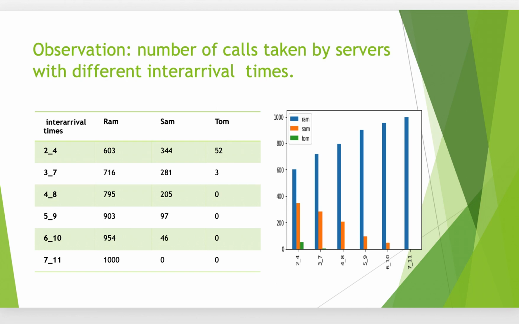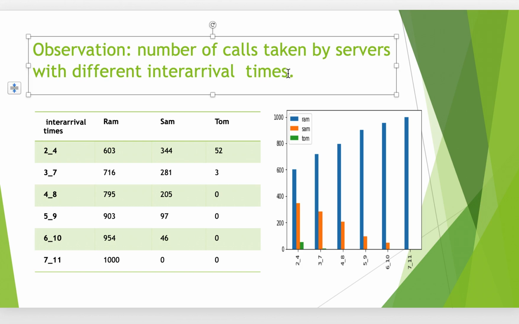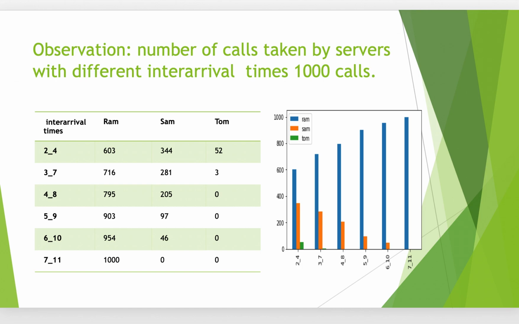Now let's go to another observation. You can see here the number of calls taken for 1000 calls with different interval times. The observation we found is that if you compare an interval time of 2 to 4 minutes with 7 to 11 minutes, the number of calls taken by RAM is increasing, but the number of calls taken by the other two servers is decreasing.